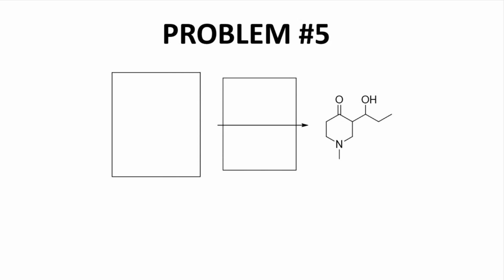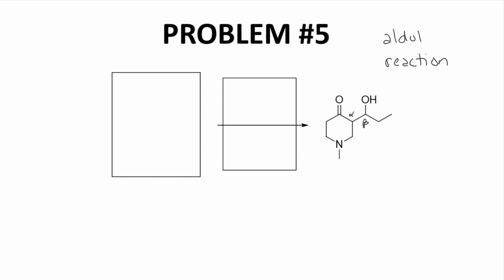Question number 5 again follows this pattern. We're given our product, but not the starter materials or reagents. So again, let's identify what kind of product we have. We have a ketone, and relative to the ketone, we have a beta hydroxy group. This is a beta hydroxy ketone, and these are formed from the aldol reaction.